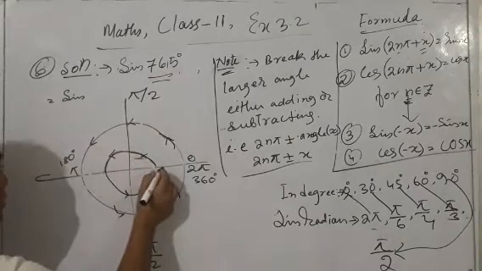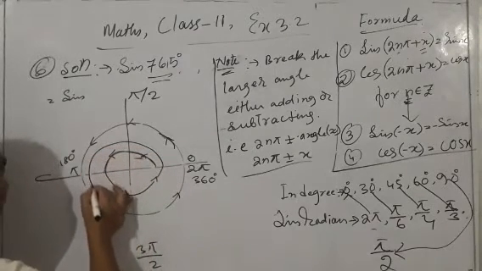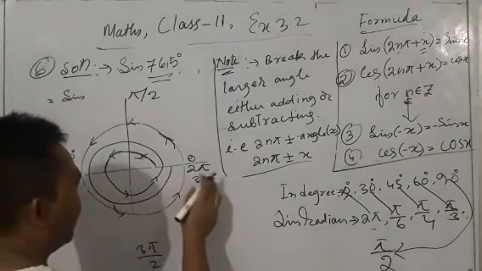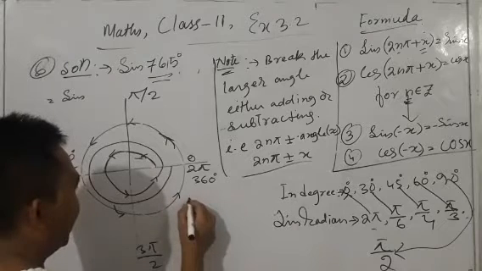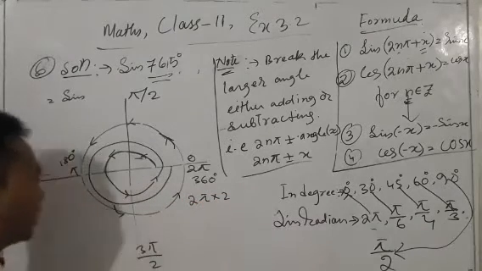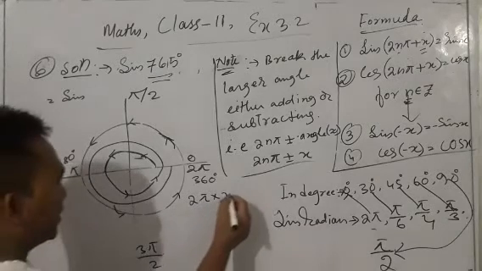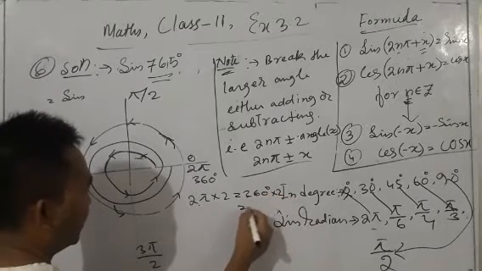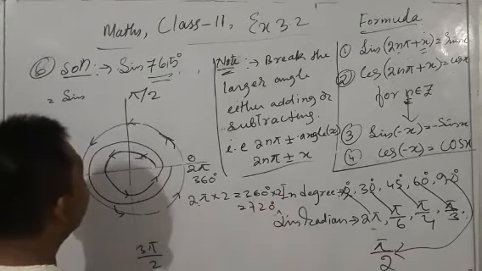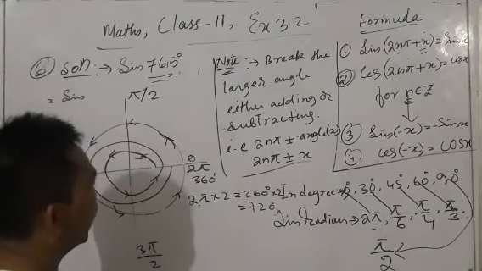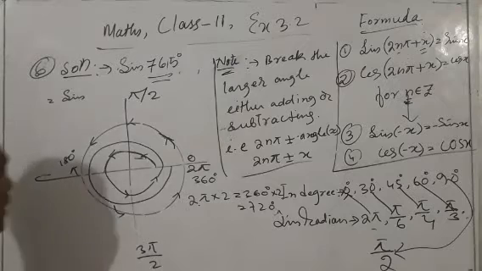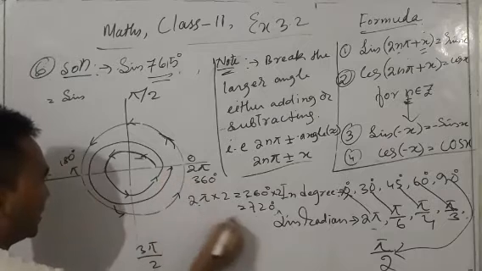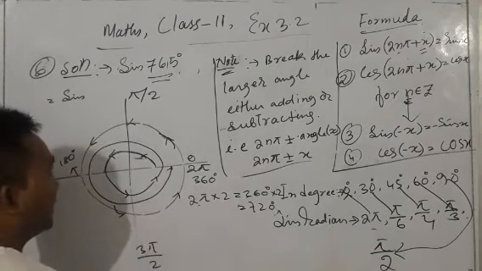Still more, yes or no? Again, so in one rotation it is 2 pi, in two rotations, 360 into 2, that is 720 degree. So up to here, in two complete rotations, there is 720 degree.